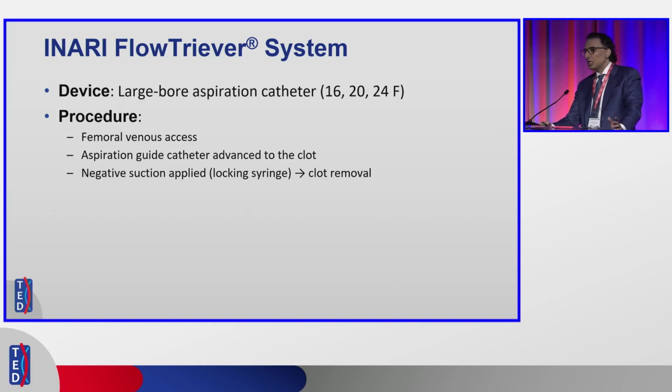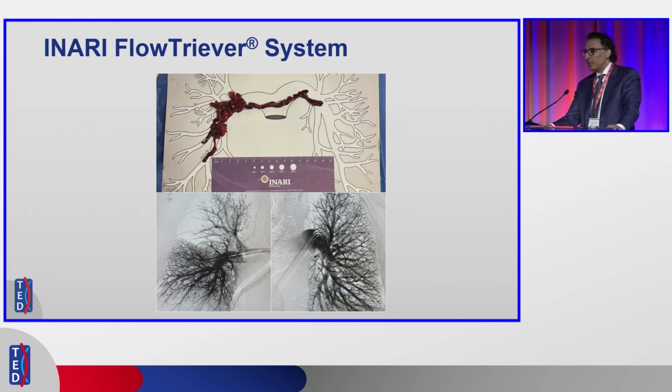You take a pigtail catheter or something similar, advance it to the pulmonary artery, and then once you get the catheter up there, it's basically like a 50 cc negative suction syringe that removes the thrombus once you position it into the area that you want to remove the thrombus from. And the images are pretty dramatic. So here's one I did a couple of months ago.